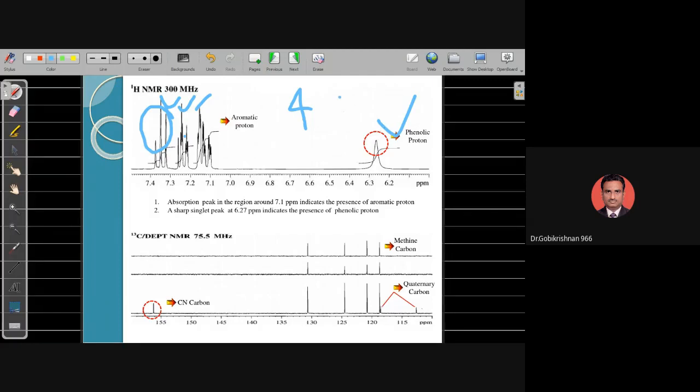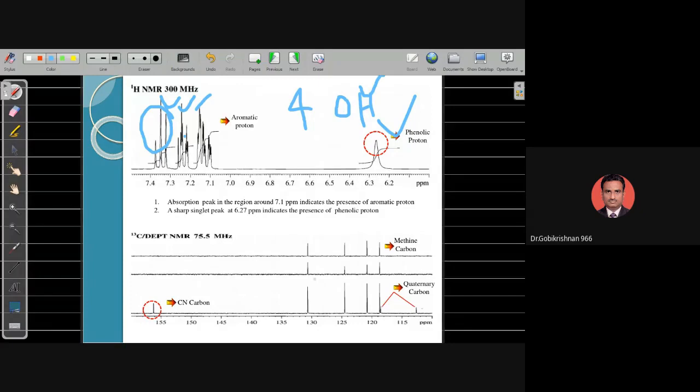What is the phenol formula? C6H5OH, isn't it? The H associated with the O is called the phenolic proton. So one phenolic proton is there, and apart from this, 3 aromatic protons are present.